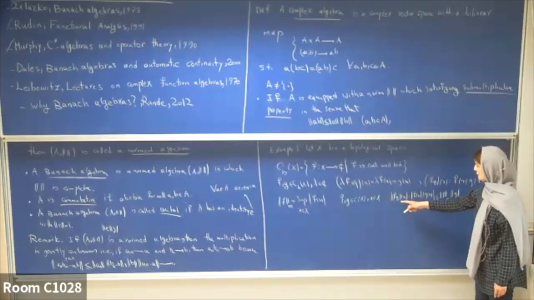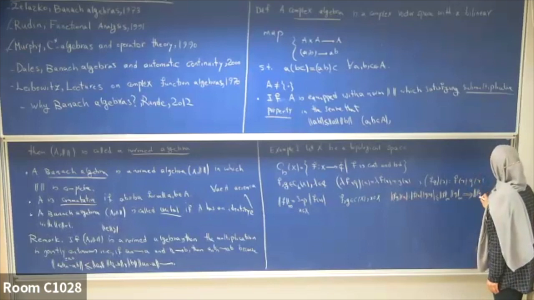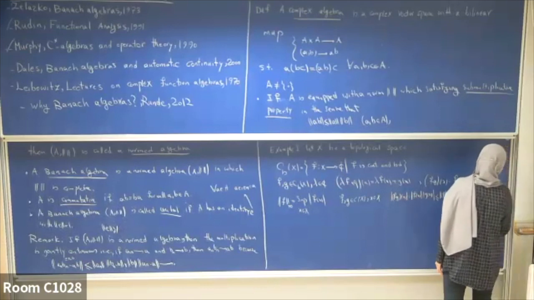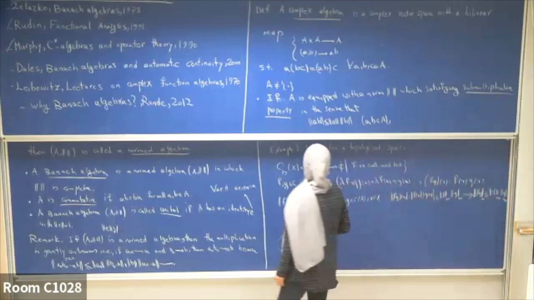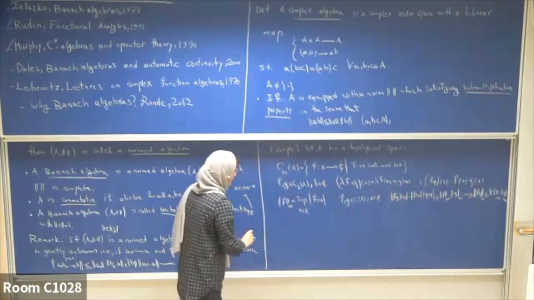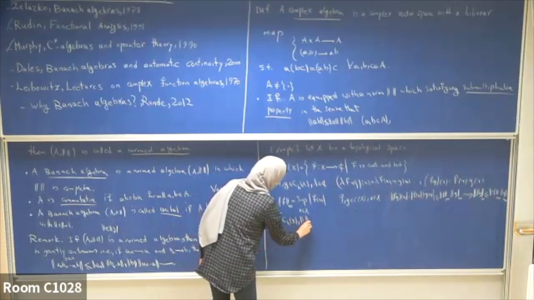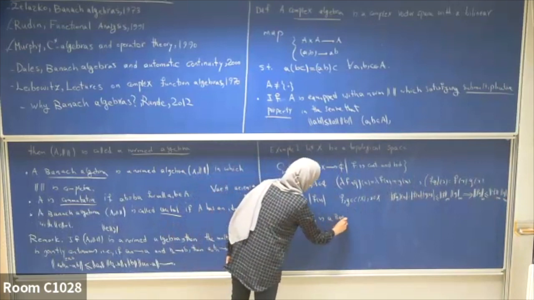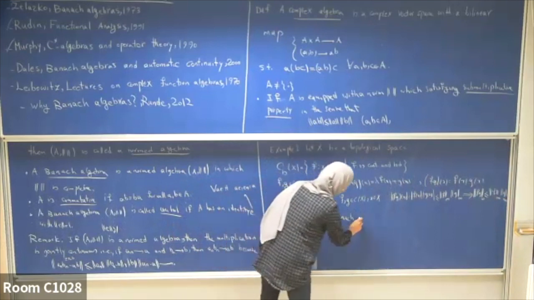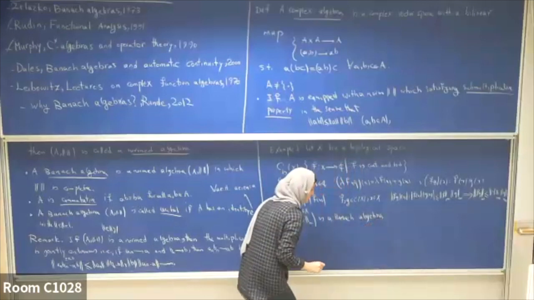And it works for each x in X, so we can say that the sup norm of fg is at most the sup norm of f times the sup norm of g. So we have an algebra norm. So C_B(X) with the sup norm is a Banach algebra. And of course, it's commutative and unital. The unit element is the constant function 1.